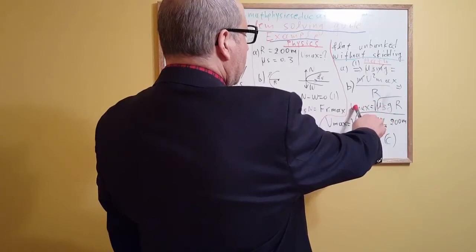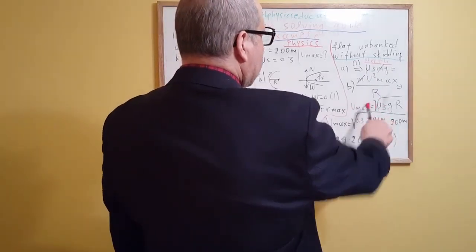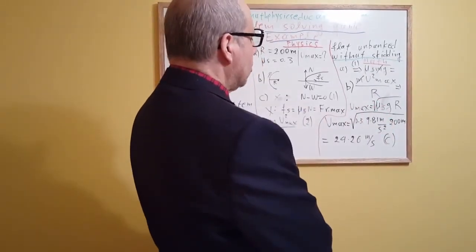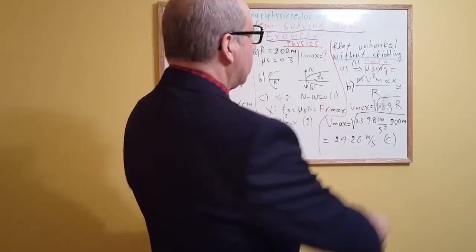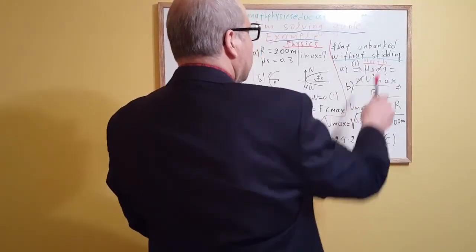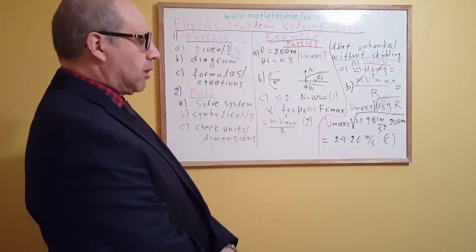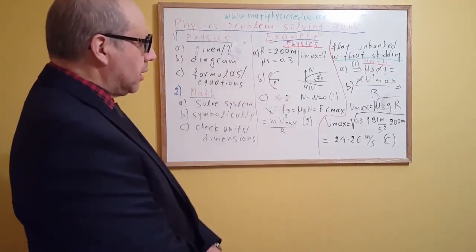So if you solve for v max, you will have that this is equal to the square root of mu s g r... over r. Of course, the m and the m cancel, where m is the mass of the car.